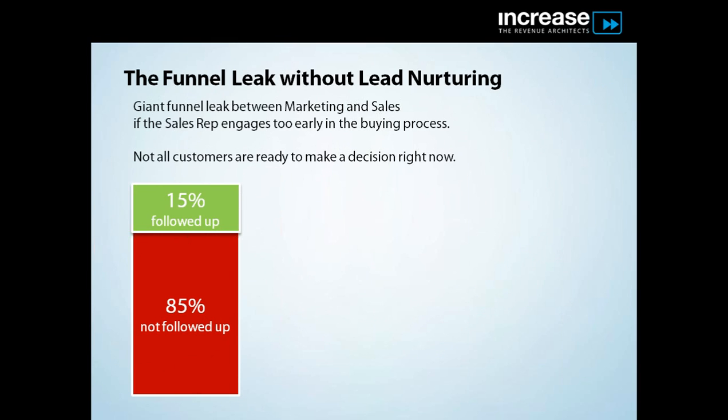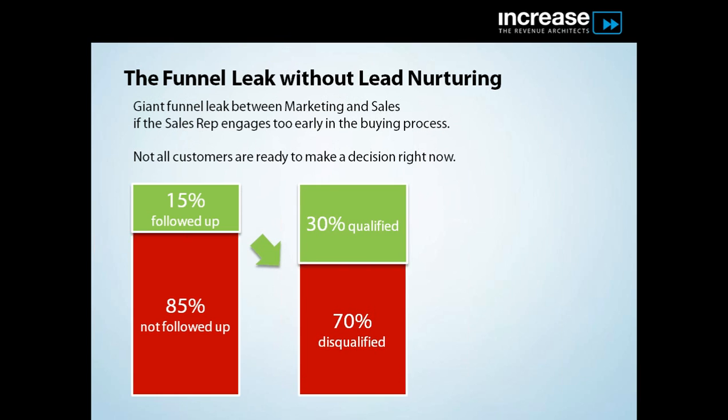And typically, there is a huge leak in the funnel between marketing and sales. Now, these are numbers from reports, and they show that sometimes it's 10%, sometimes it's 15% of all the leads generated in marketing that are actually followed up by sales. The rest of them are just discarded, never followed up. That, of course, is a problem in itself. But of these 15%, the salespeople disqualify 70% of those leads, and they're only able to qualify 30%.